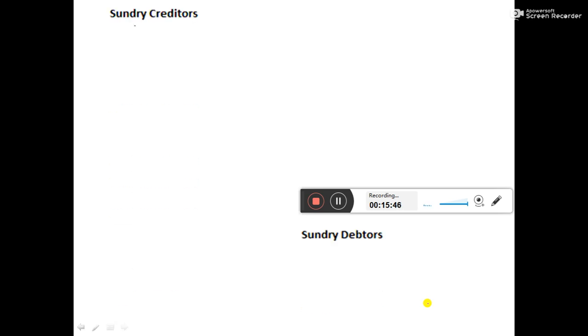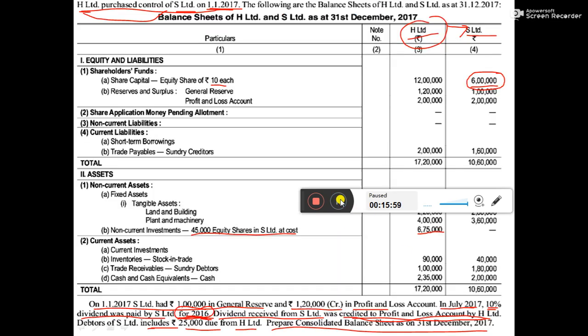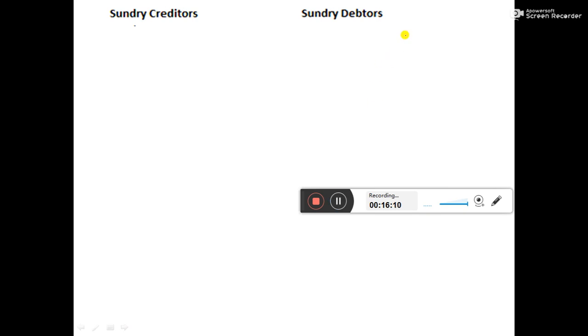So next, sundry creditors and sundry debtors we will do simultaneously. The reason is there is an intercompany transaction. They have mentioned that debtors of S Limited include 25,000 due from H Limited. The additional information mentions that debtor of S Limited consists of H Limited.